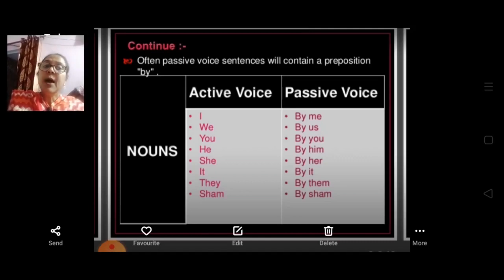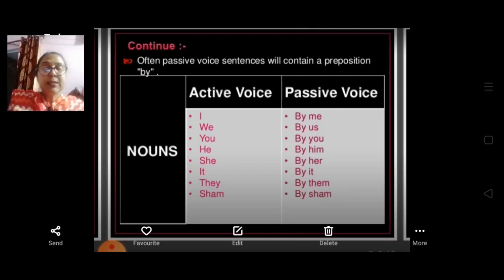We become us and you remains the same, you. He will become him, by him, and she by her, and it will be it and they will become them. So always remember the changes in the pronouns. So I will become me.